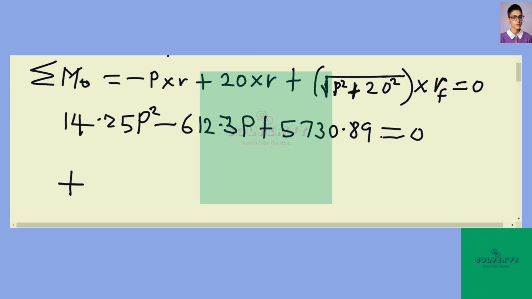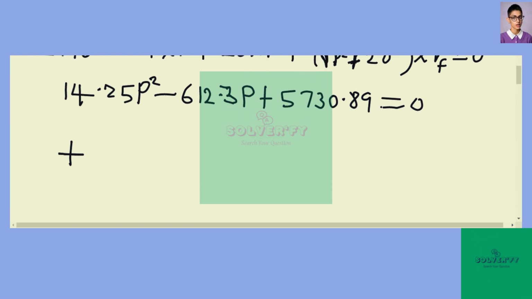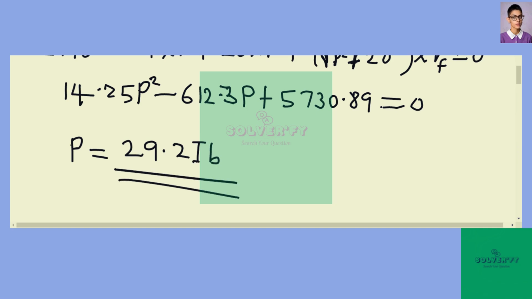If we take that, we arrive at our answer: P is equal to 29.2 lb. So this is the answer when the collar rotates in the clockwise direction.